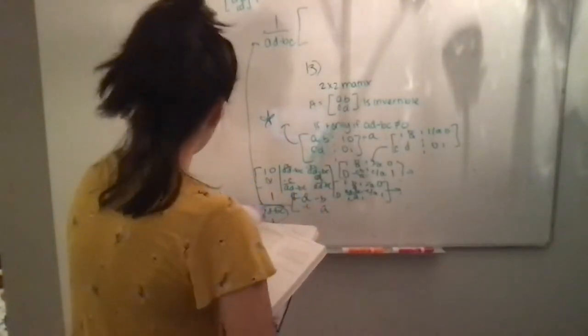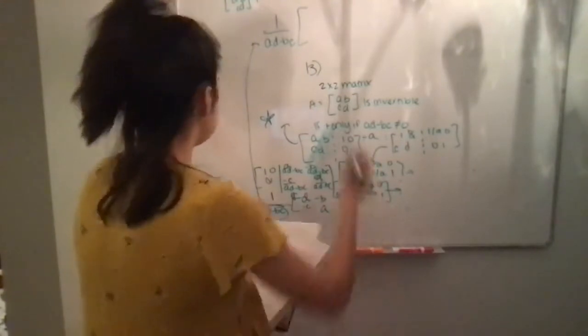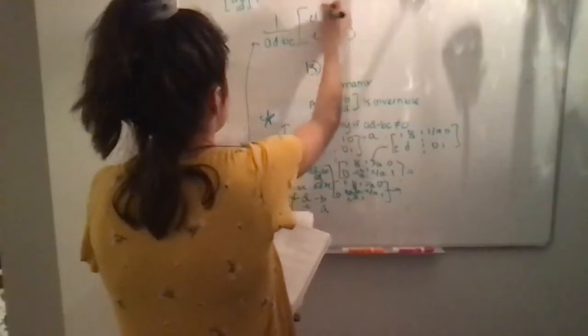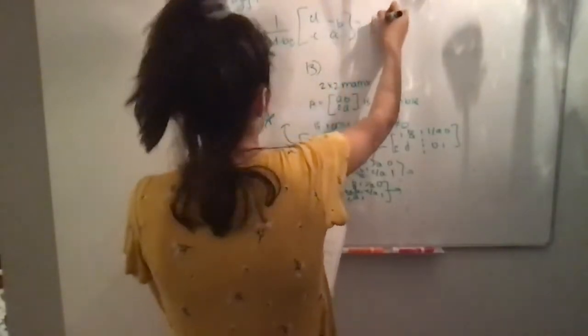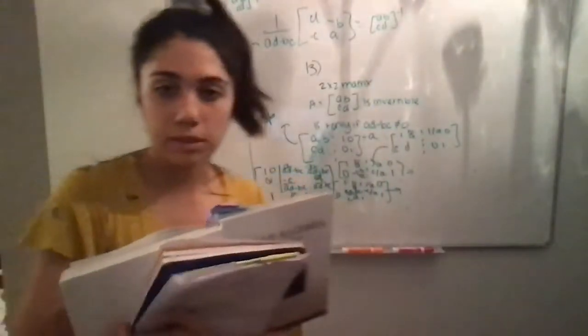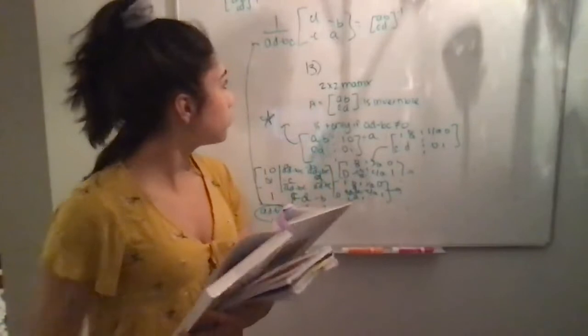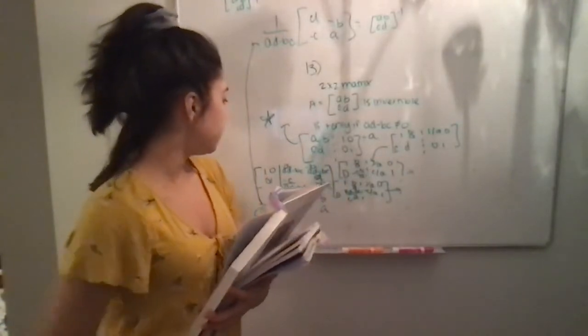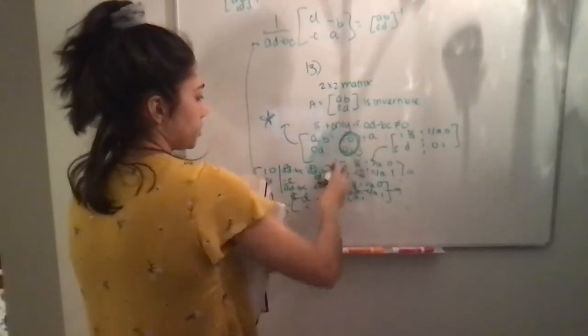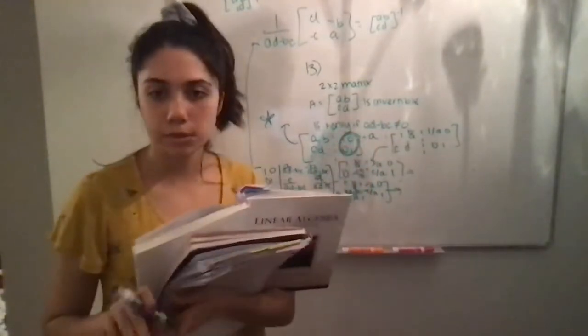So if that's true, then 1 over AD minus BC times D, negative B, negative C, A should equal A, B, C, D inverse. That formula really just gives you a basic rule. It also reminds us that anytime we want to find the inverse, we have to use this identity matrix over here on the other side to be able to figure it out.